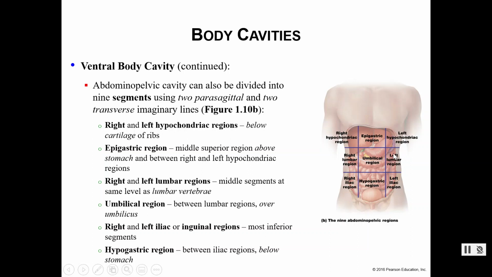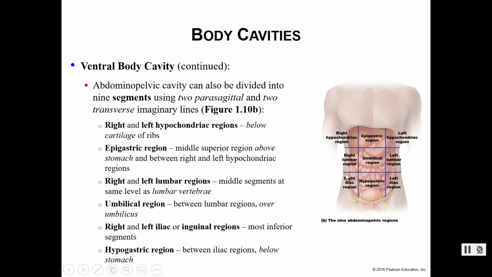If we wrap this around to this person's back, this would correlate to the lumbar region of your back. So a lot of times you'll hear people say, oh, I've got lower lumbar pain. So they're usually talking about their lower back region. In between your lumbar regions, you've got your umbilical region. Everybody knows your umbilical region. This is where your belly button is.